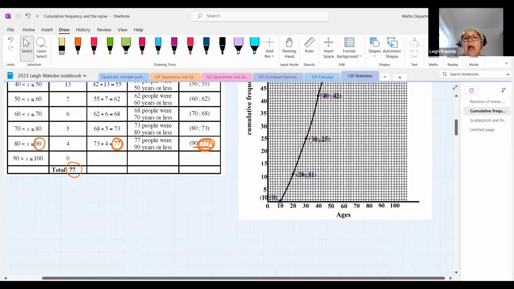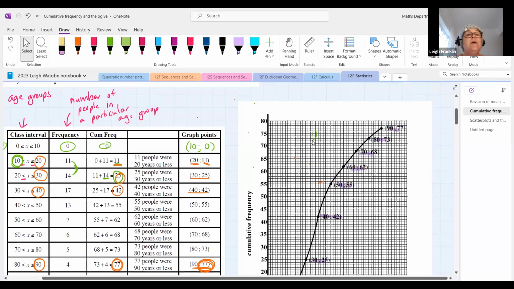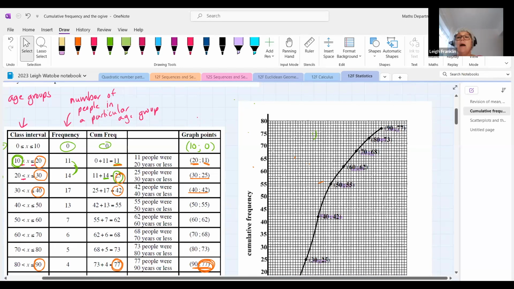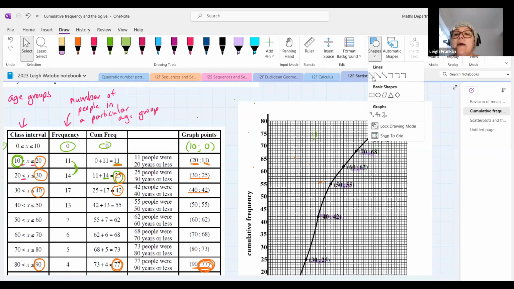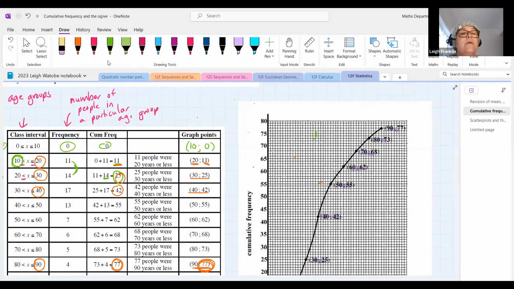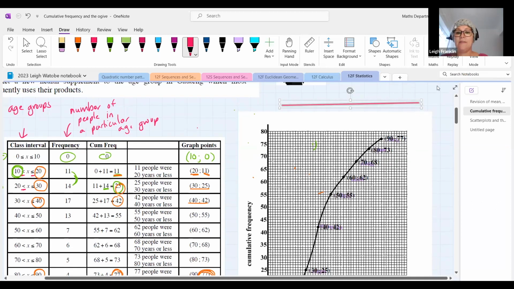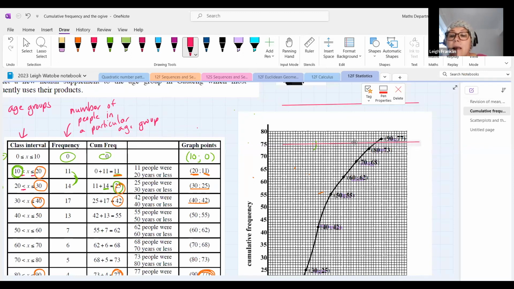And then, if you wanted to read off how many people took part in the study, you would come along with your ruler. I'm going to use a bright pink line here so it sticks out. You would put your ruler, sorry, mine's not straight.